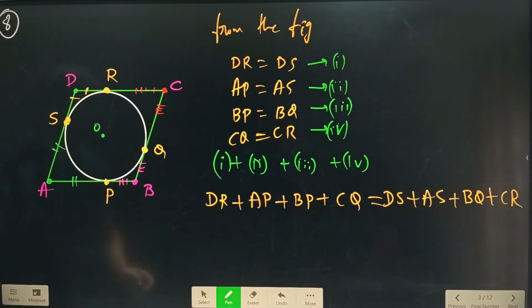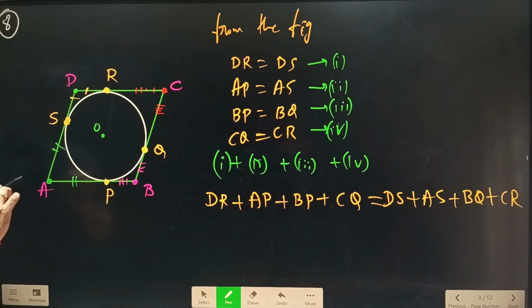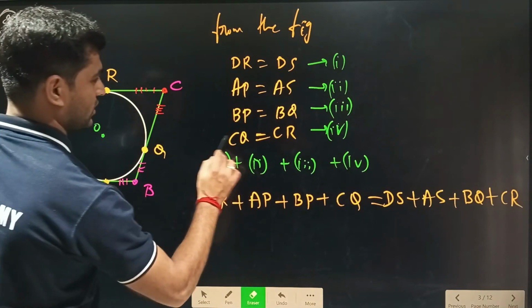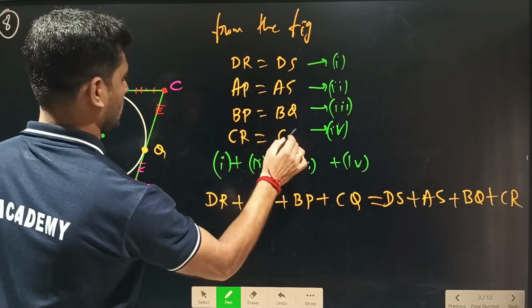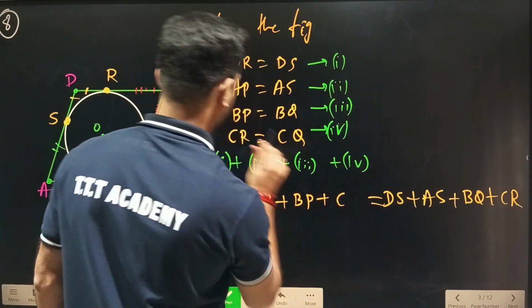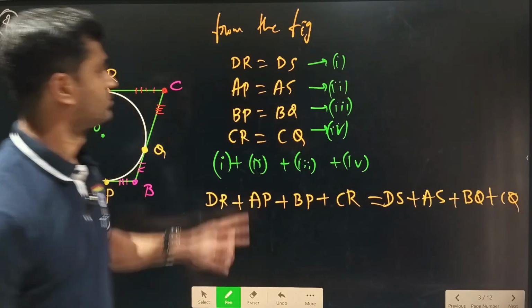Okay, let's observe. Now, dear friends, DR is here. Another one is C. Both are the same, right? Or else, dear friends, CR should be equal to CQ. In that case, on this side CR, on this side CQ, both are equal.